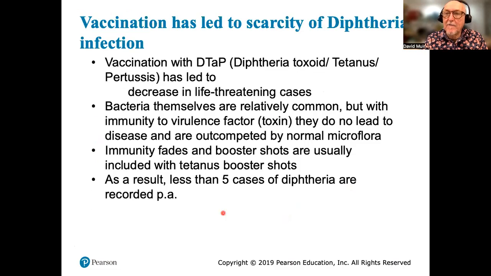Just as an example of the success of the vaccine, in the United States, there are now about 5 cases of diphtheria recorded, often from people who haven't been vaccinated. When it occurs, it's from people who have not been vaccinated or for whom the vaccine didn't work for one reason or another.